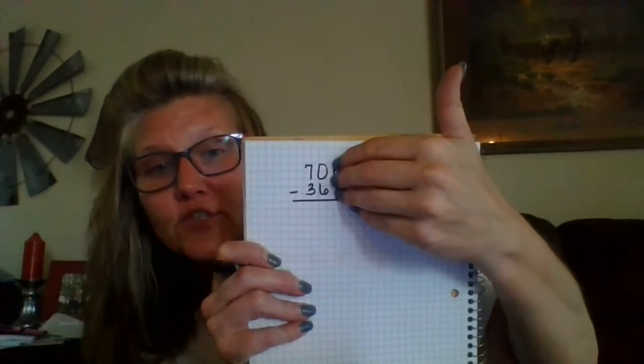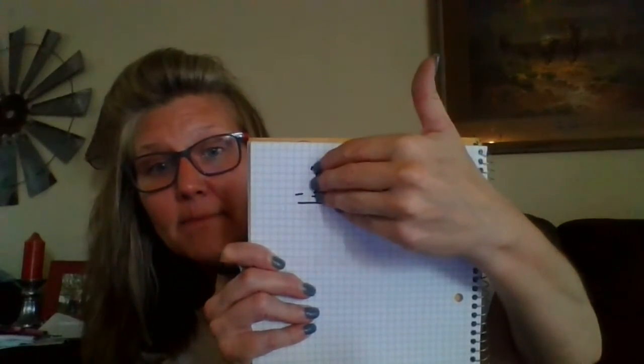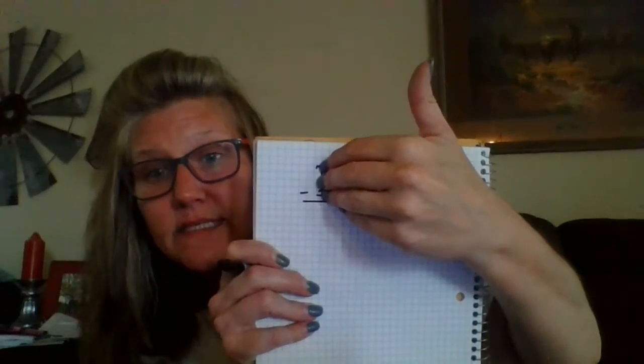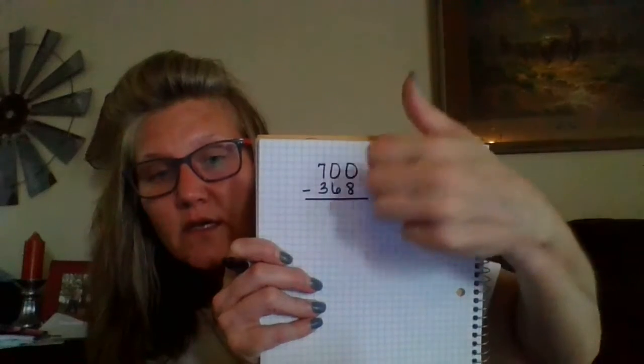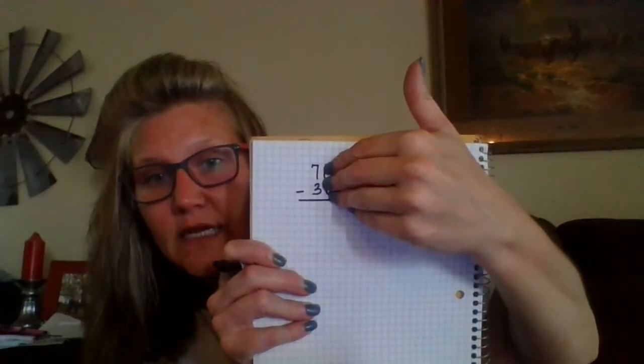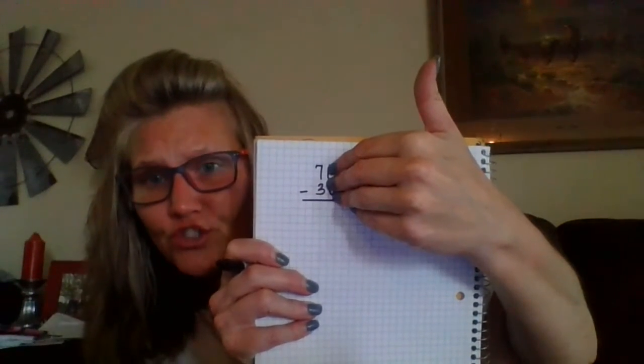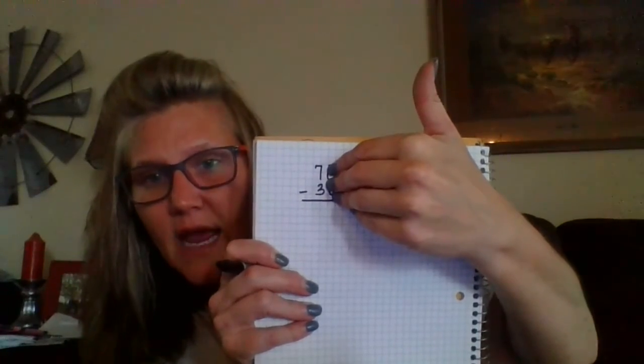So, Mr. Neighbor here is going to ask Mrs. Neighbor because Mrs. Neighbor has 7. Knock, knock, Mrs. 7. Can I borrow a 1? Well, sure you can. So what happens is that 7 becomes a 6 because you took 1 away from 7.